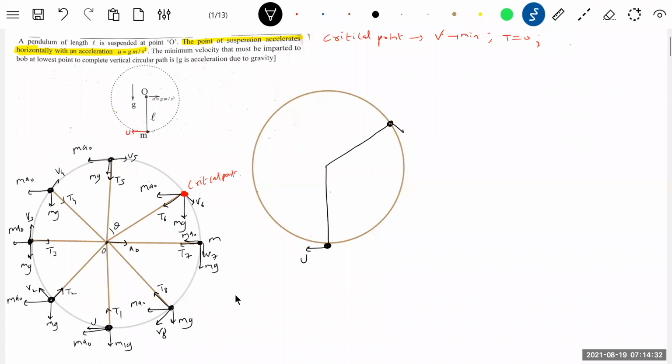When it arrives here, let it have a speed v. Then there's a point O, and the point O is accelerating. We'll define this angle as theta. What are the forces? ma naught, the pseudo force, and the tension, let me call it T, and mg.